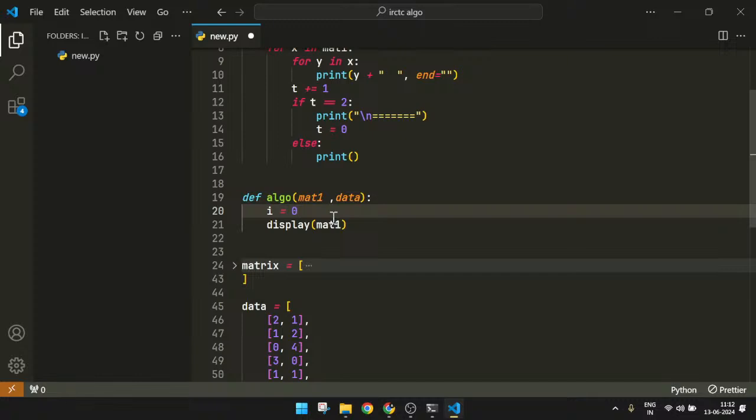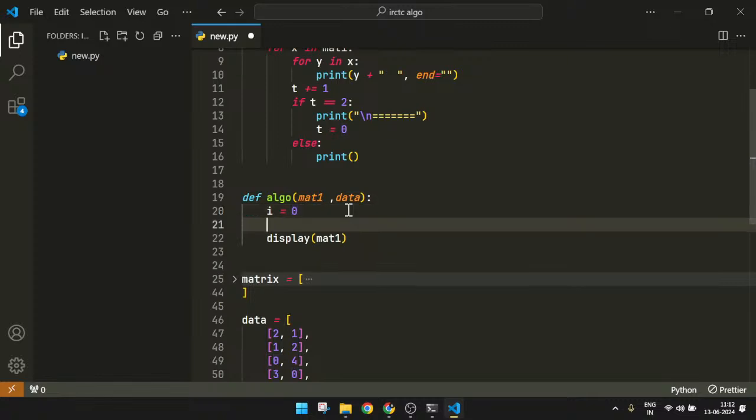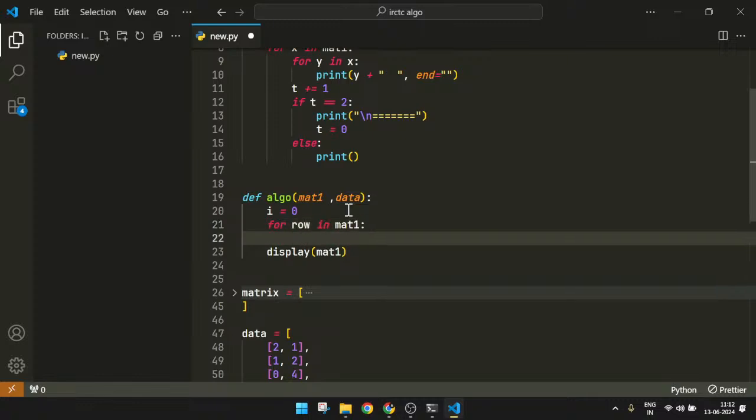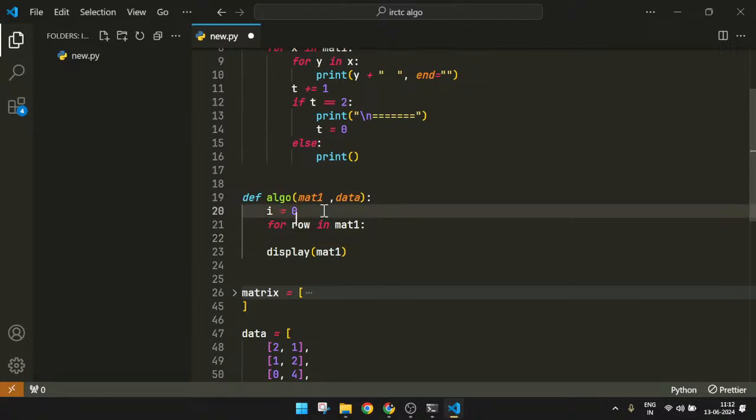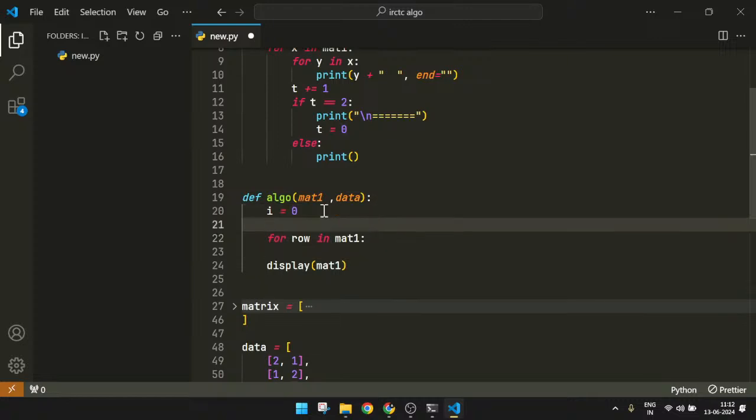Currently it will be 0, pointing towards the first column. And I'll loop over this matrix. By looping over it, I'll fill horizontally. I'll also need a choice, and an index starting from 0.